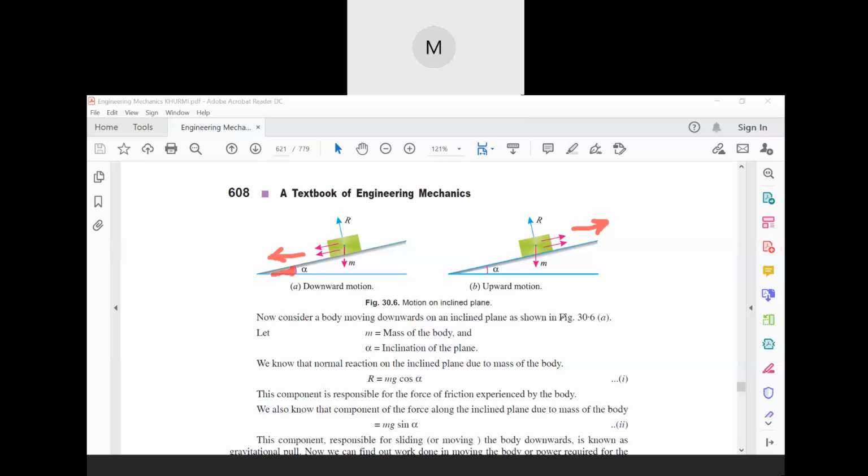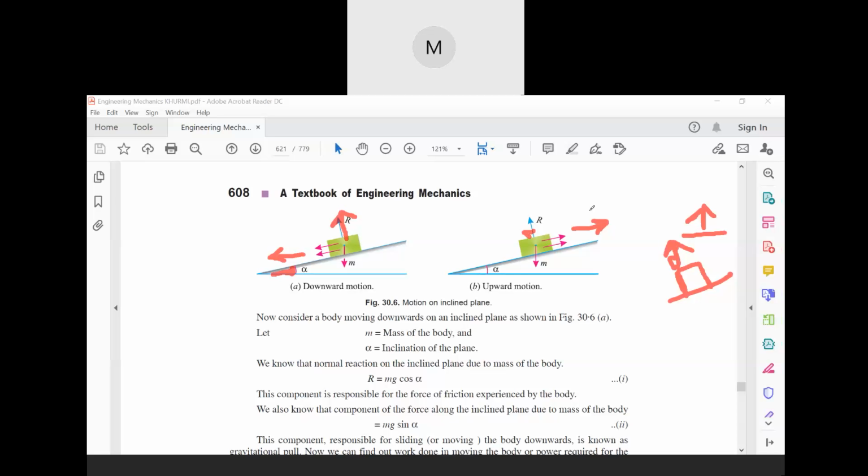This normal reaction is always perpendicular to the body. Look at this. It is not perpendicular to the horizontal, but it is perpendicular to the body. If the body is inclined, then the normal reaction will also be inclined. That means this is 90 degrees. So this is how we express normal reaction.